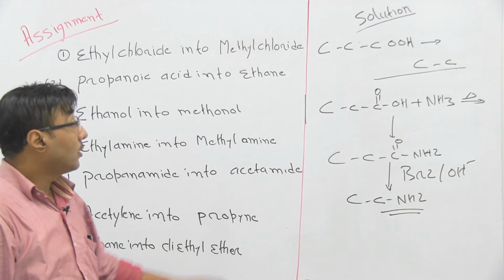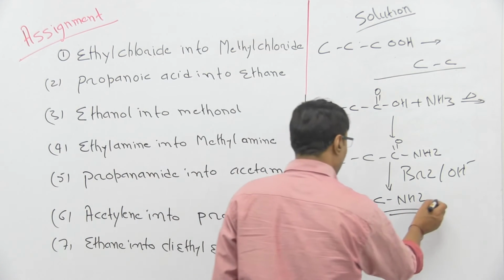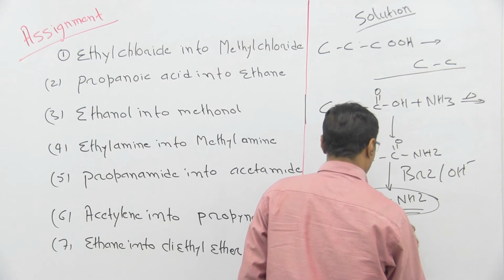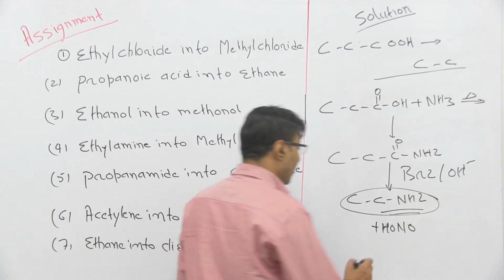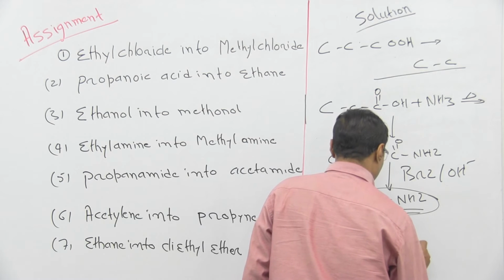We want only ethane, not a derivative of this ethane. So again, it's HONO, and it will give CCOH.